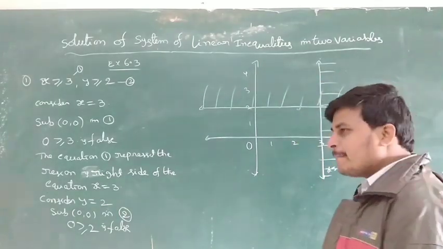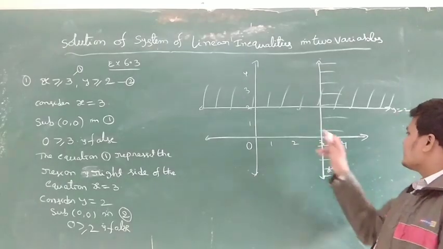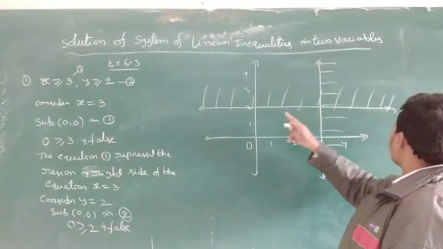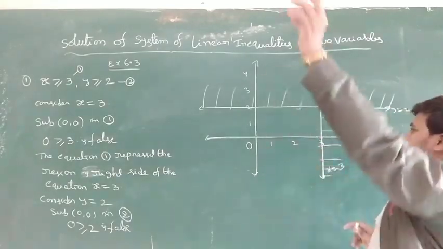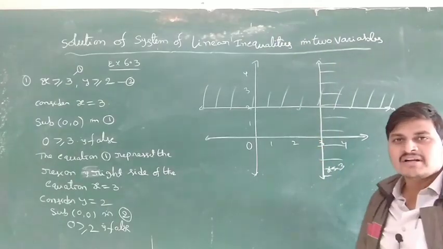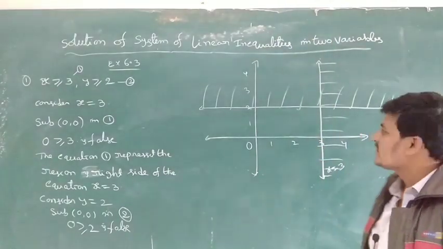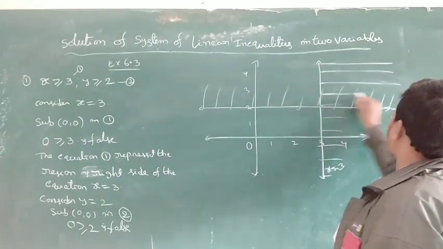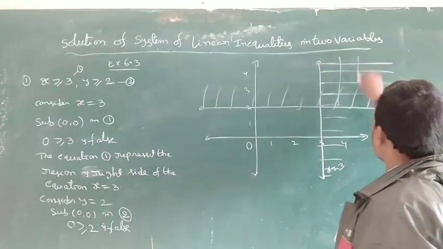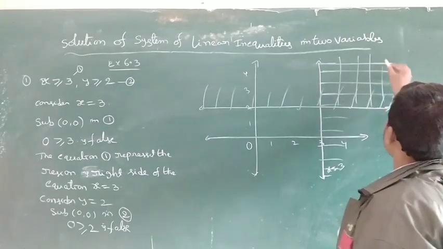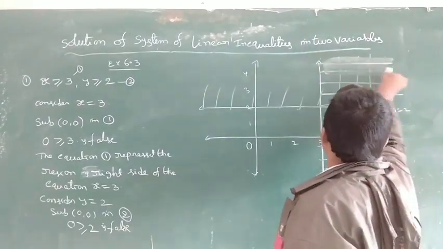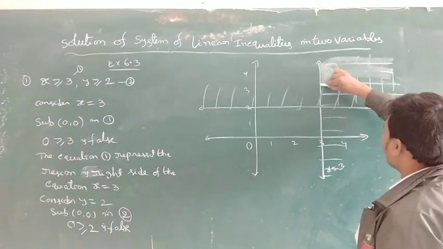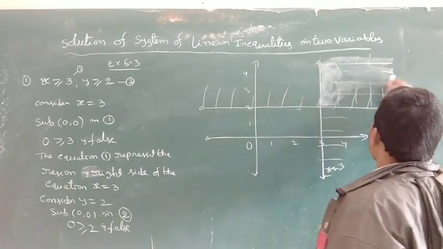So what is the combined area of x is equal to 3 and y is equal to 2? The common area of both regions is this area, the main area.